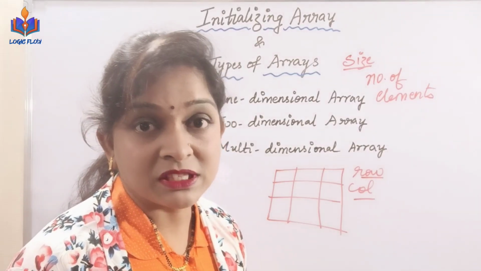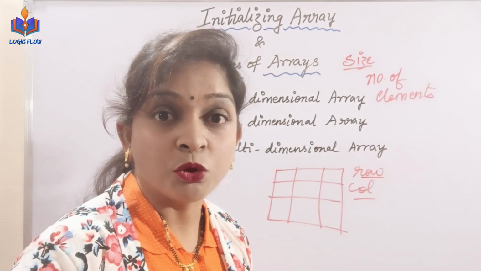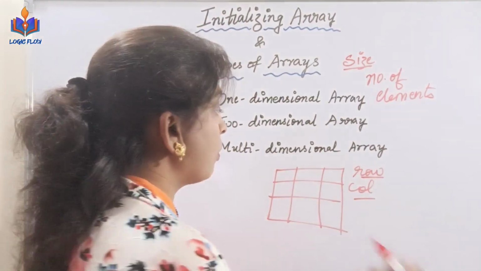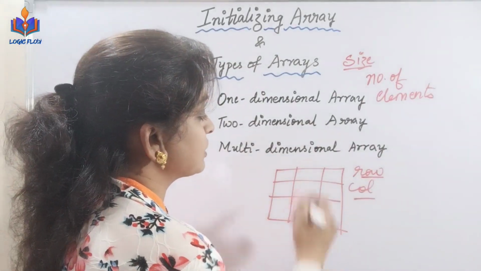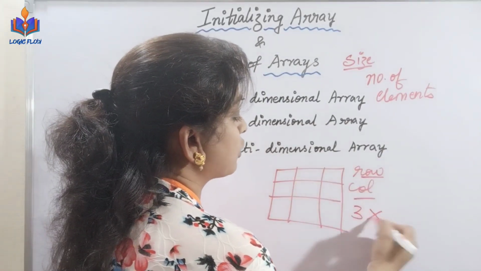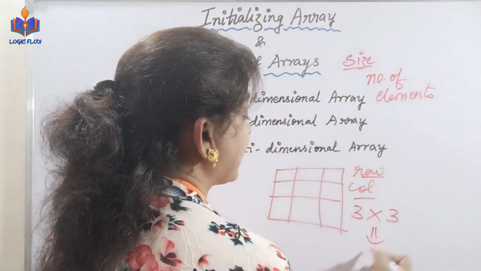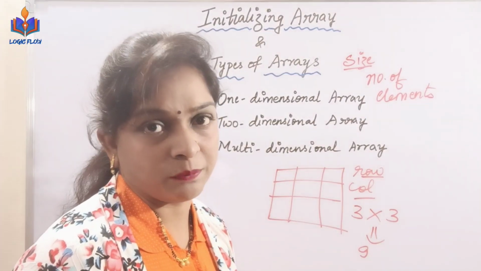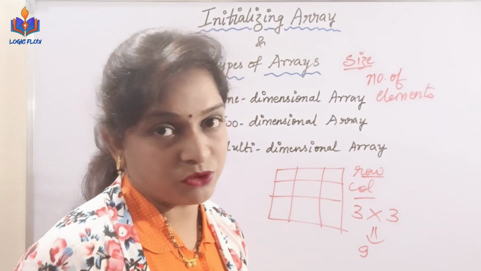For example, if you have 3 rows and 3 columns, it is 3 cross 3 according to the matrix representation. Totally it can store 9 elements, so that will be the total size of the array. We'll discuss this in detail in the coming videos.